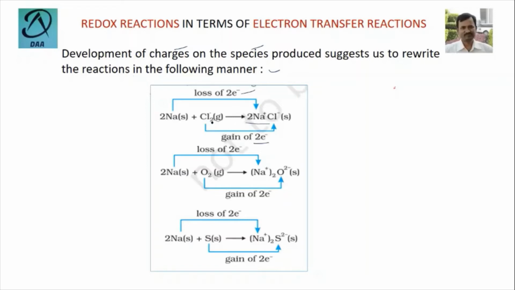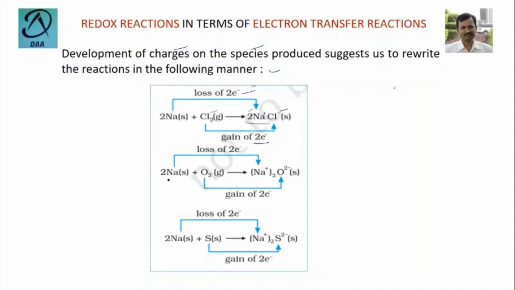Cl2 gas consists of 2 atoms of chlorine. Each atom of chlorine gains 1 electron to form Cl-. So the 2 Cl atoms in Cl2 gas will gain a total of 2 electrons to form 2 Cl- ions.